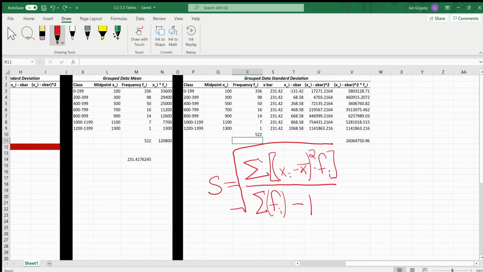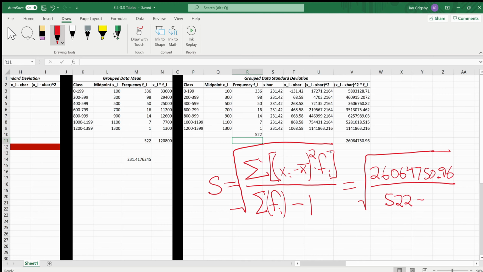So let me go ahead and fill it in with the numbers I know so far, that way we know where they're going. So up top, I'm going to have 2,606,475.096. Yeah, that's a nice little number, isn't it? And I'm going to divide it by 522 minus 1.